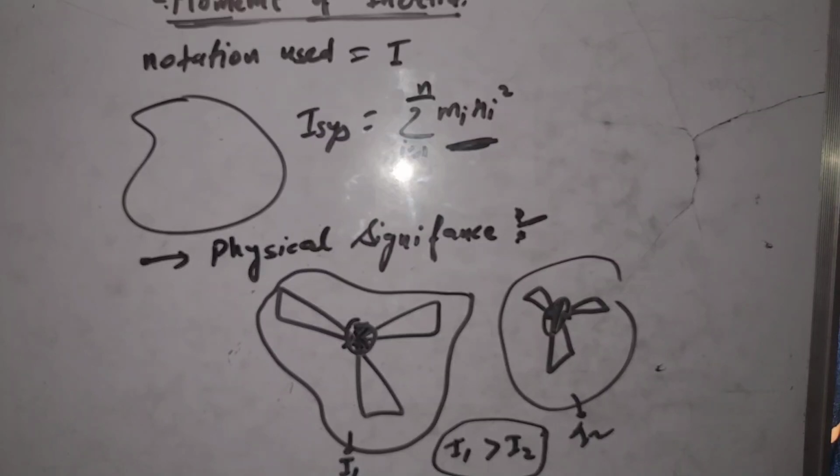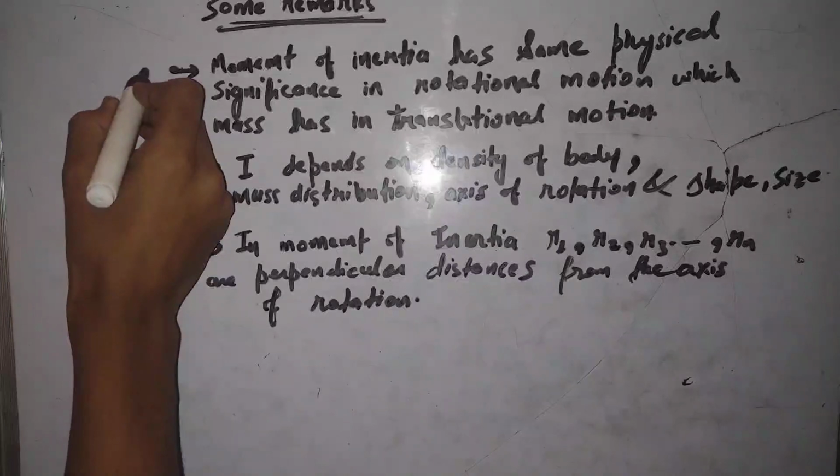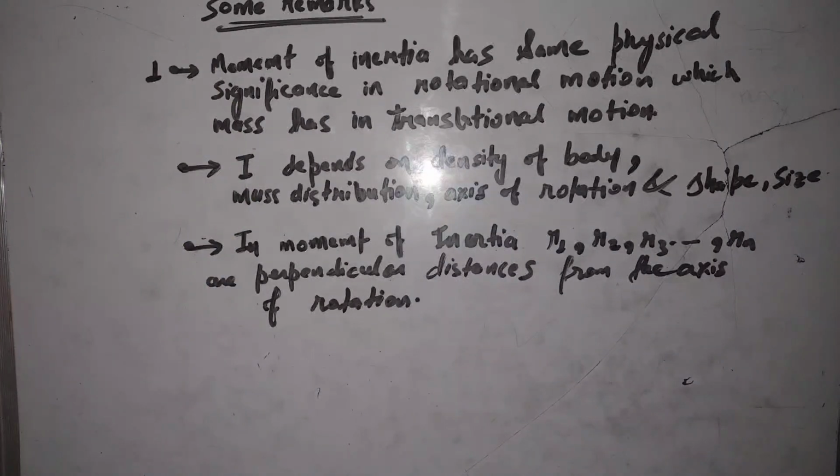Now we shall put some remarks for further understanding. So here are a few remarks about moment of inertia. The first remark is that moment of inertia has the same physical significance as mass has in translational motion. In translational motion, larger mass means larger resistance offered to change of state.